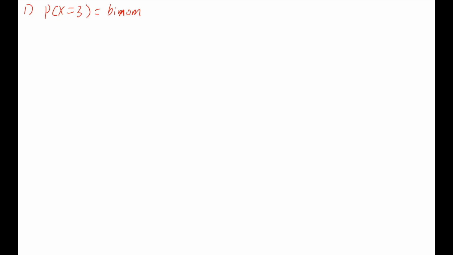X equals 3, this is PMF or PDF? PDF. Here, the first entry should be what? Should be 8, N. All right, here is N, then followed by P, which is 0.5. And we want to find the probability x equals 3. So then here is 3.